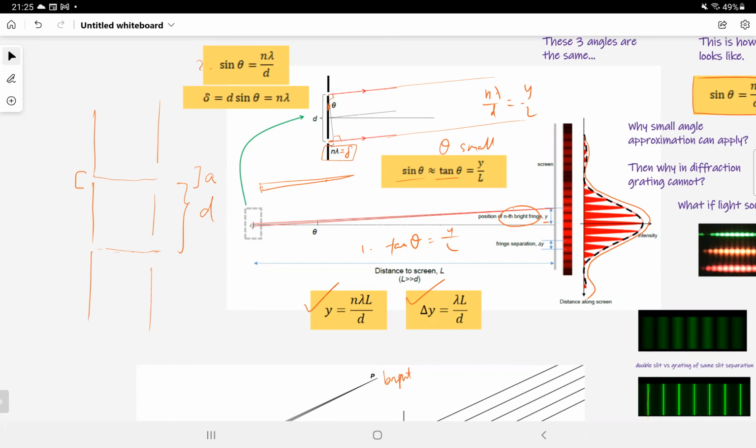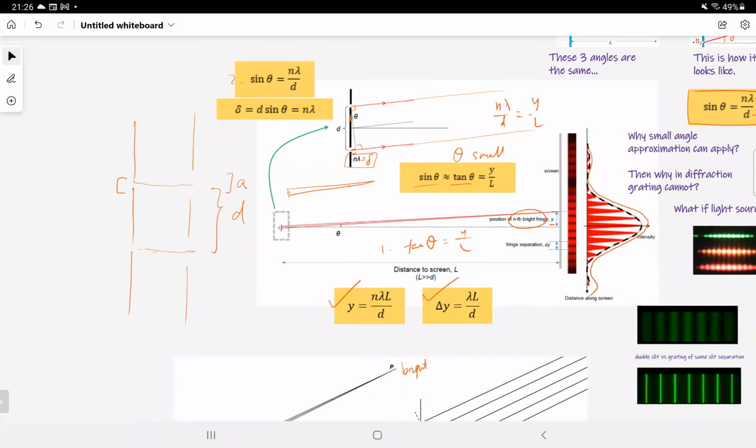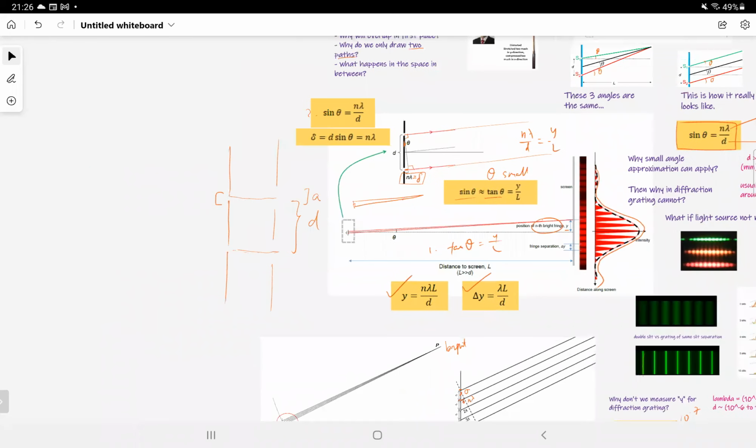If you push to the extreme, then no. Actually, not no. You just won't see the minima. The envelope will be so wide that you don't see the minima. Okay, thank you. But we don't need to go there, because in our syllabus we want to see the envelope appear.